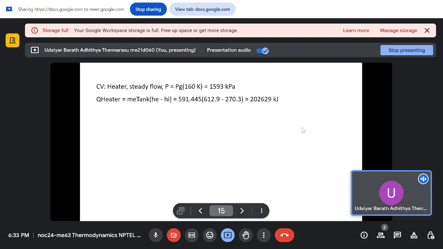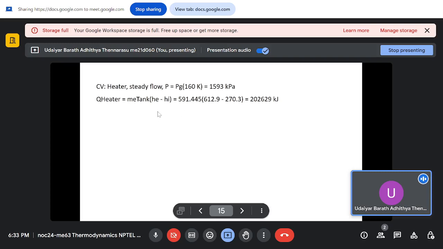And then across the heater, we know the inlet is saturated vapor at 160 Kelvin. So the corresponding saturated pressure is 1593 kilopascal. Using this and the exit temperature of 300 Kelvin, we can find the enthalpy at the exit of the heater, which is 612.9.